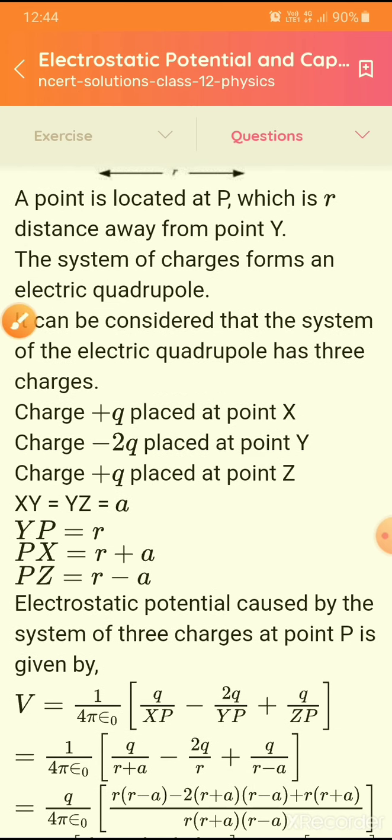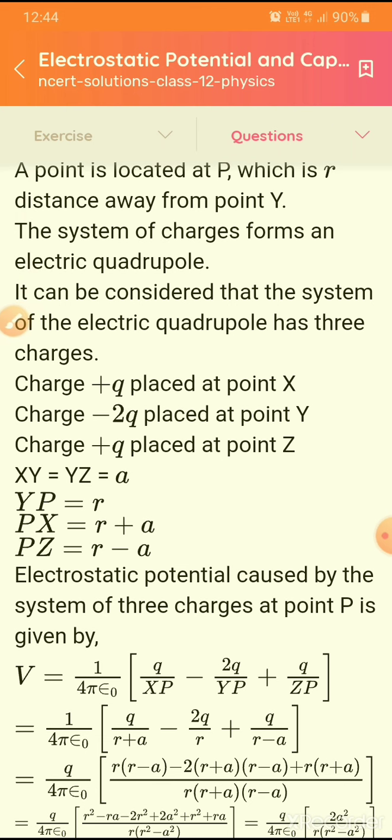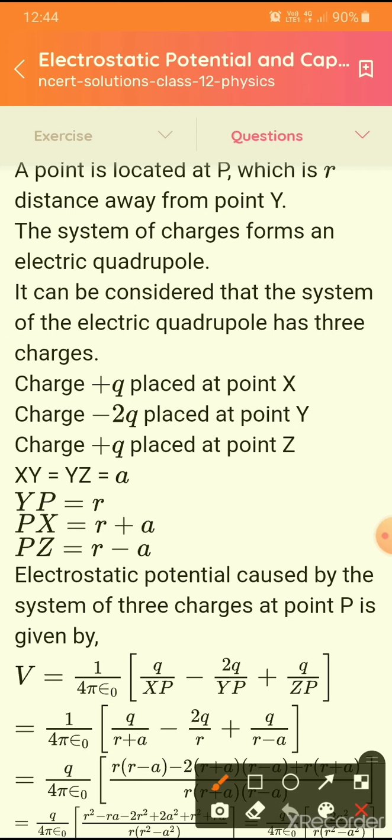Now we can go for the formula. Electrostatic potential V is equal to 1 by 4 pi epsilon naught into Q divided by XP, minus 2Q divided by YP, plus Q divided by ZP. All the values we have here. Instead of XP, or PX, we are using r plus a.